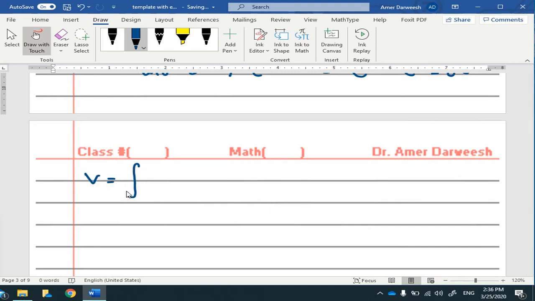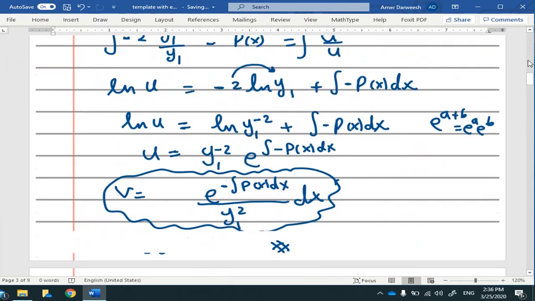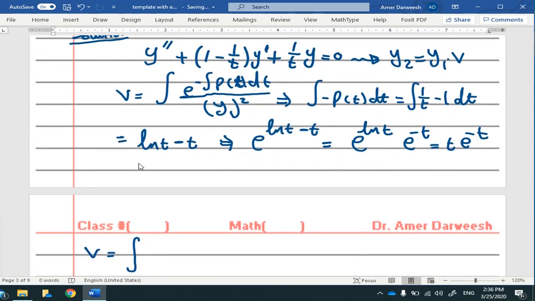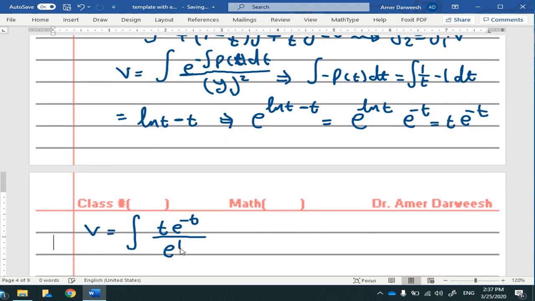The formula is the integral of what we have found here: t times e to the minus t over y1 squared, where y1 is e to the t, so I divide over e to the t squared dt.